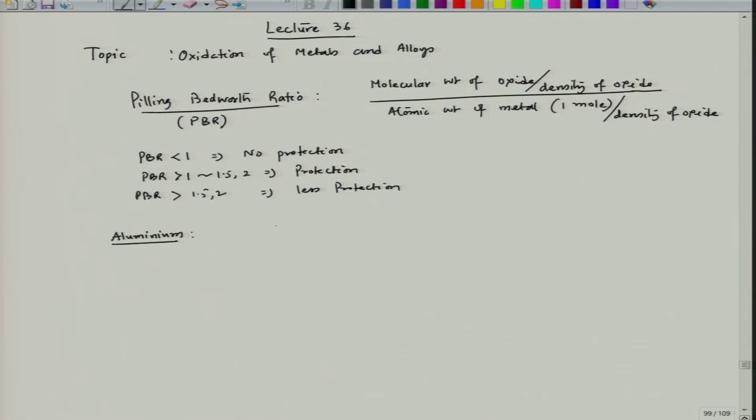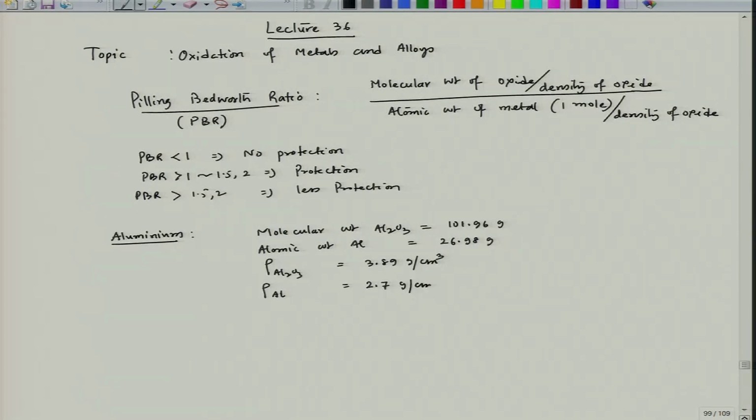In the case of aluminium, the molecular weight of Al2O3 is 101.96 gram, the atomic weight of aluminium is 26.98 gram, the density of Al2O3 is 3.89 gram per centimeter cube, and the density of aluminium is 2.7 gram per centimeter cube.